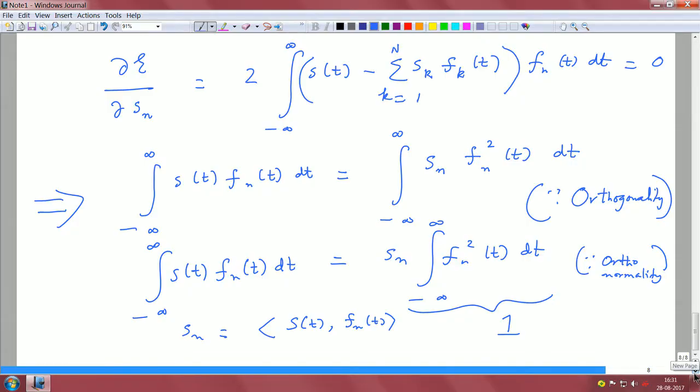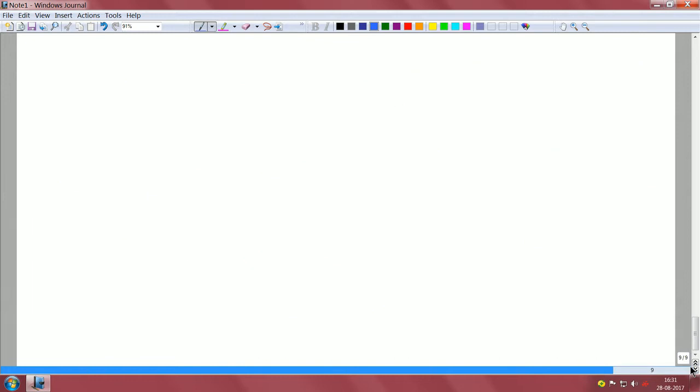Now, our job is not yet done, because we need to compute the squared error, right, because we said we are approximating it as a weighted linear sum of orthogonal, in fact orthonormal, signals, and now we want to compute what our squared error is.